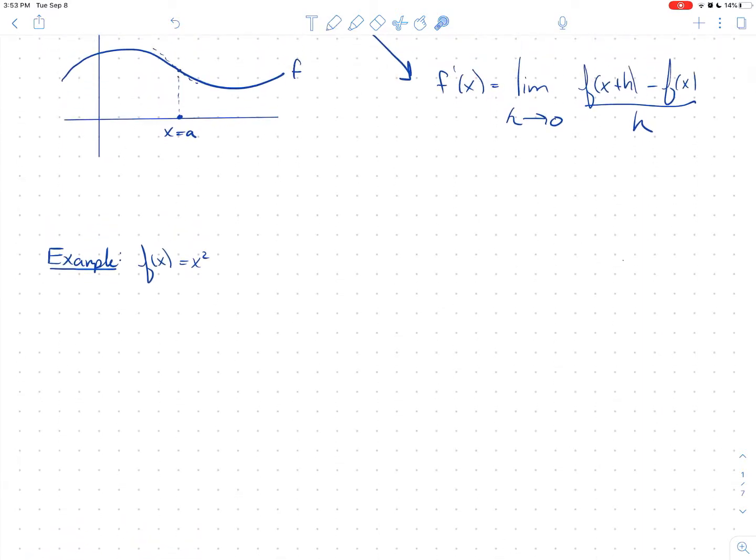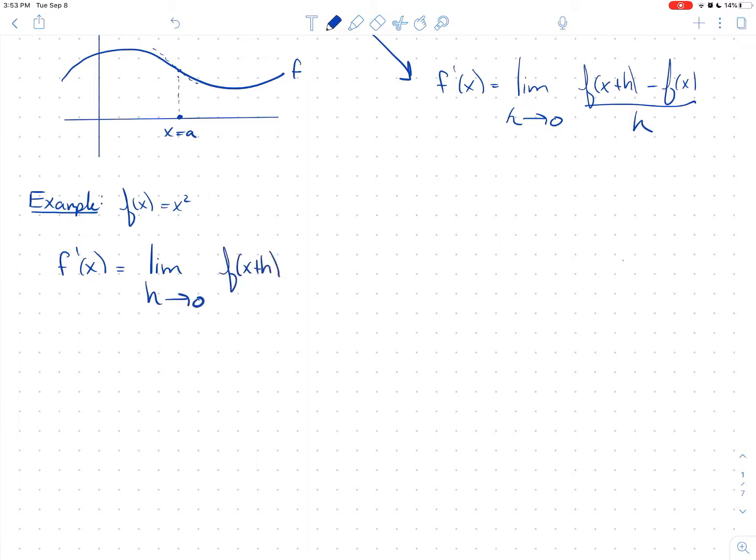So here's a function, f of x is x squared. We want to compute the derivative at an arbitrary point x, and so we're going to realize that f prime of x, which is the slope of the tangent line of f at x, is the limit as h goes to 0 of f of x plus h minus f of x all over h.